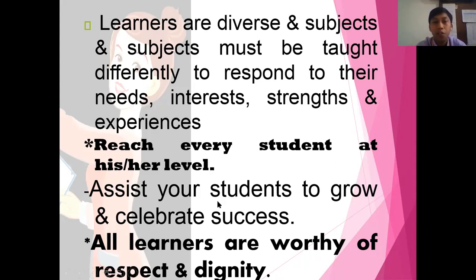And next, assist your students to grow and celebrate success. Even though our children are like that, teachers do home visitations, which is very helpful to the children. The innovations of other schools are also delightful. We salute you on that. And of course, we have to celebrate the success of our students.